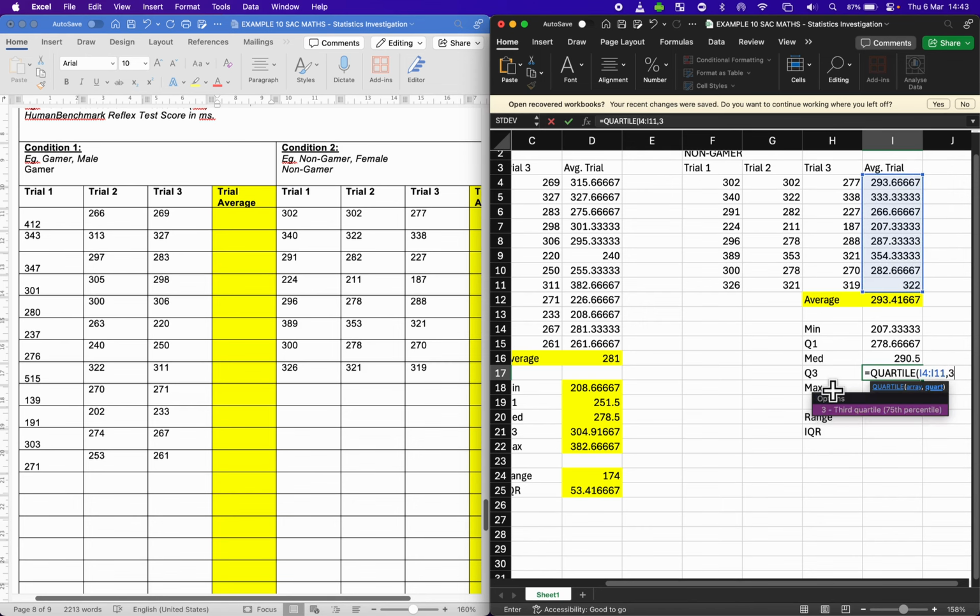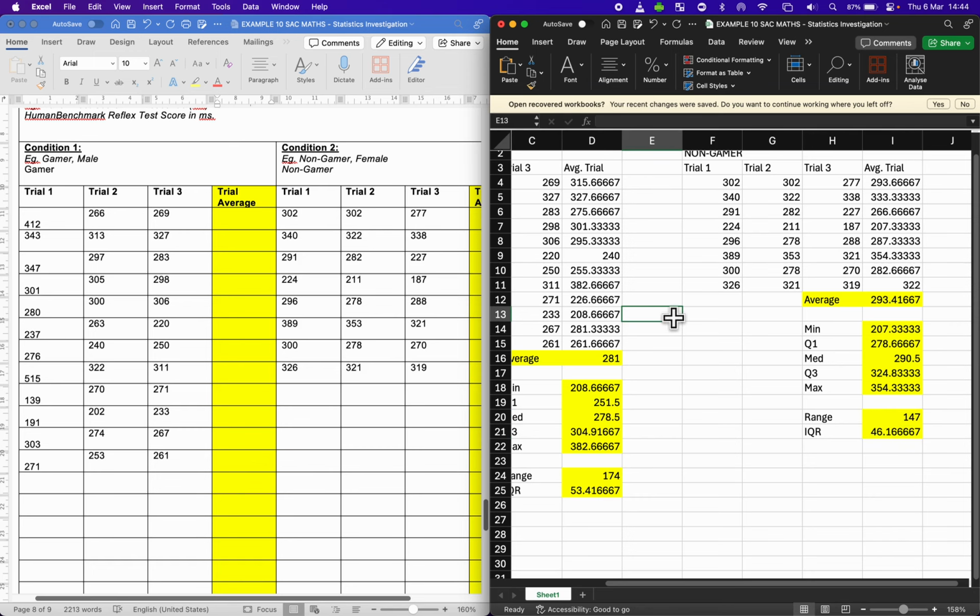Well, it's Q3, so comma 3. Equals MAX. Select the data. Make them yellow because they're important. Range equals the max take the min. Interquartile range equals Q3 minus Q1. These are important data too.